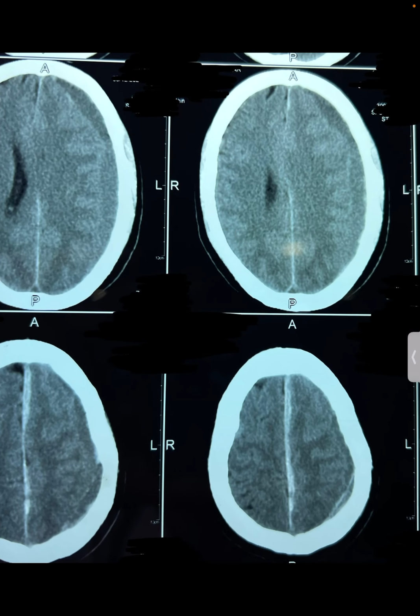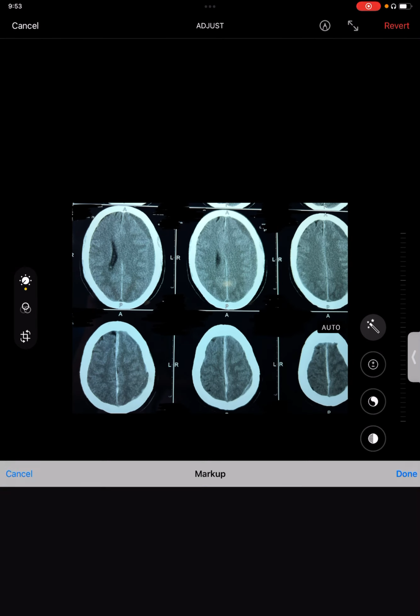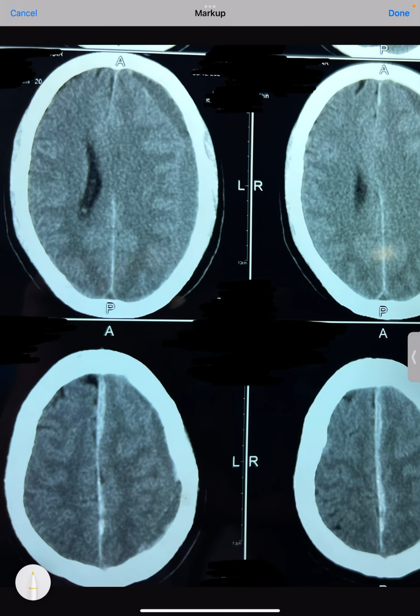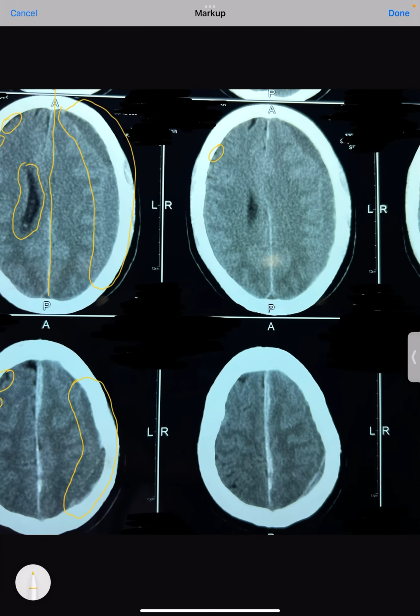So we can very nicely make out the changes: the subdural hemorrhage, which is here, the shifting of the brain parenchyma towards the right side, the compression of lateral ventricles, and the disappearance of the sulci and gyri because of the presence of this blood on the left side. So this is all about today's CT scan.